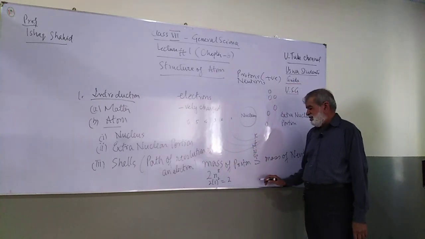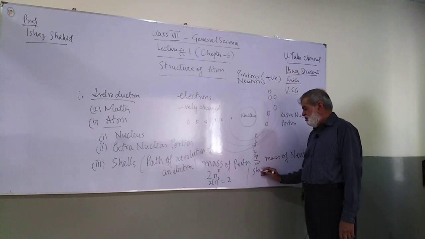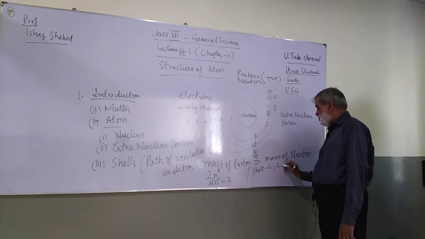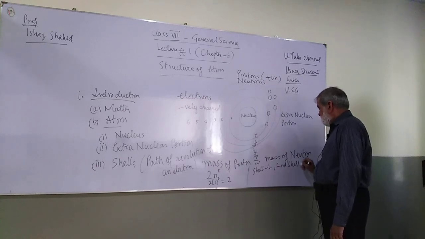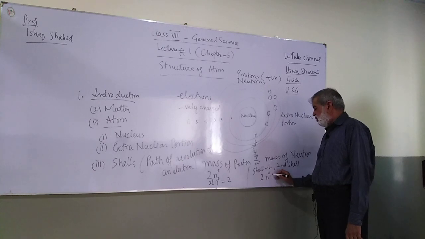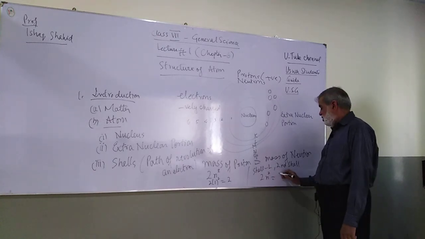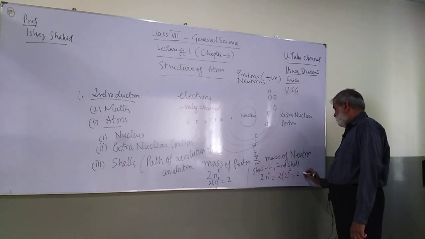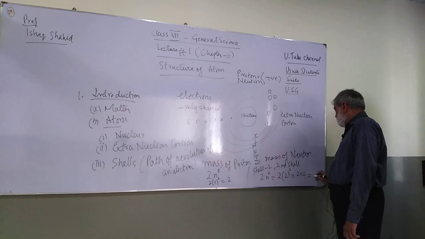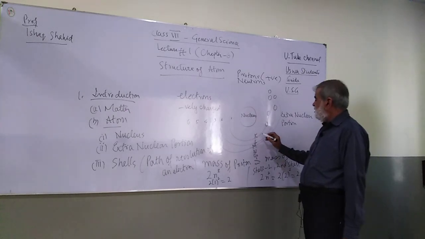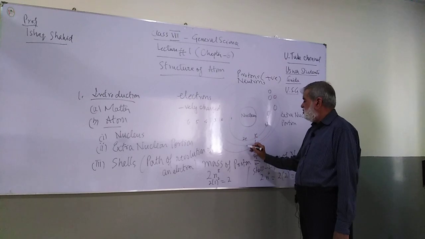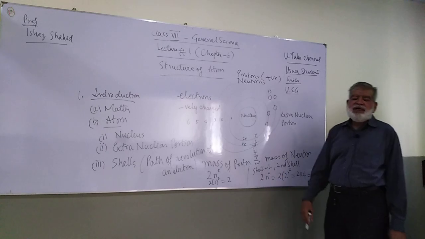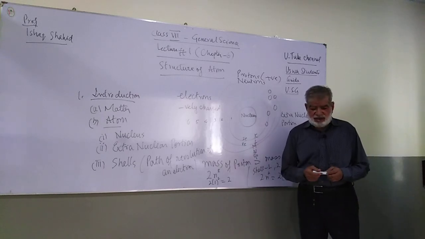In the second shell, L, the number of electrons as per the formula 2n squared is 2 into 2 squared, 2 into 4, which is equal to 8. So in the first shell there are 2 electrons, in the second shell there are 8 electrons, and so on; for the third, fourth and fifth we can calculate.